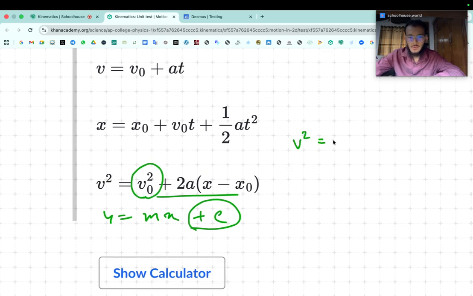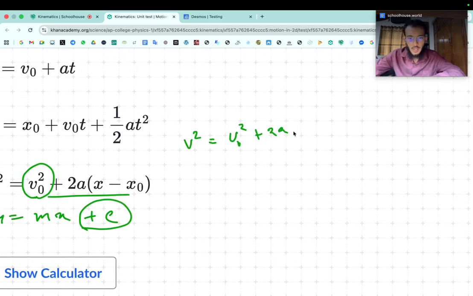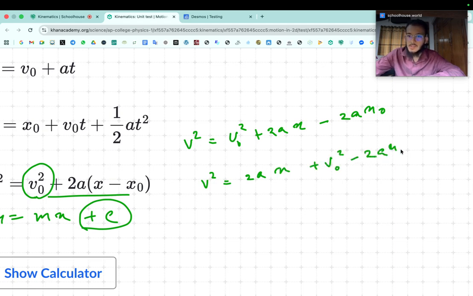So v squared equals v naught squared plus 2a(x minus x naught). So we have v squared equals 2ax plus v naught squared minus 2ax naught.